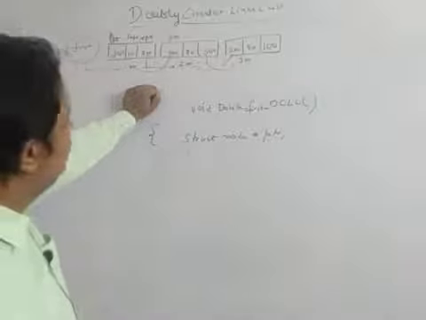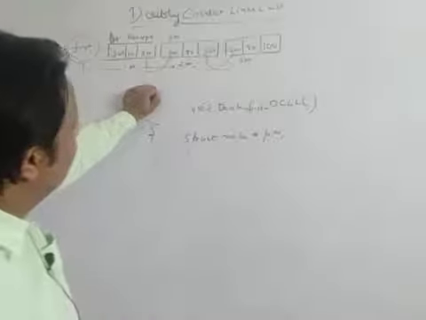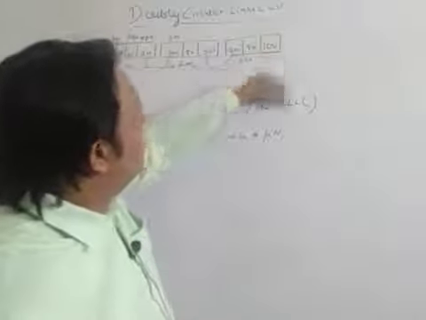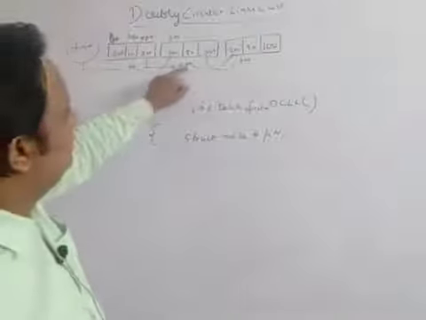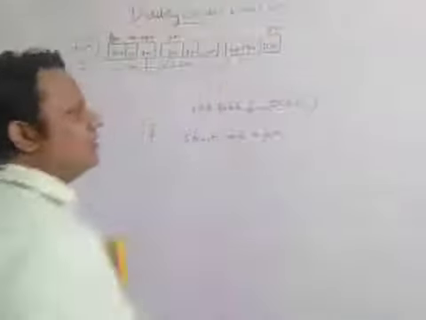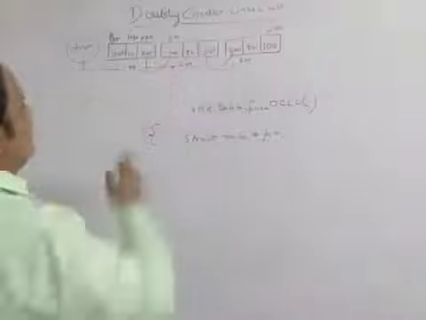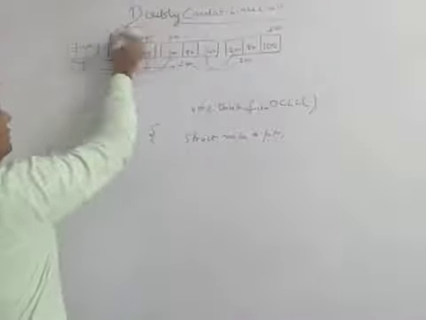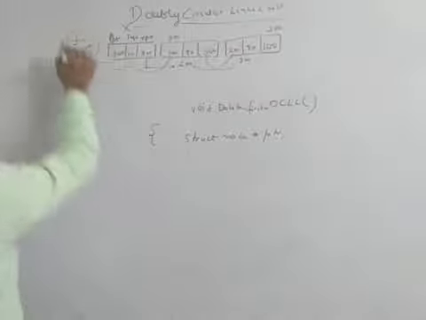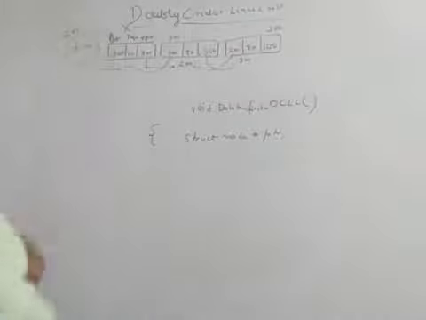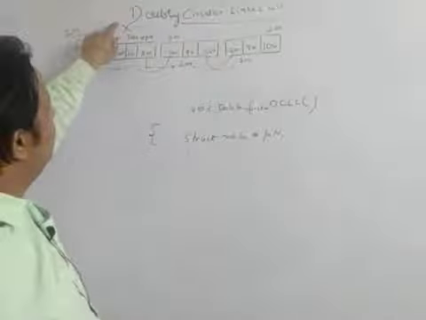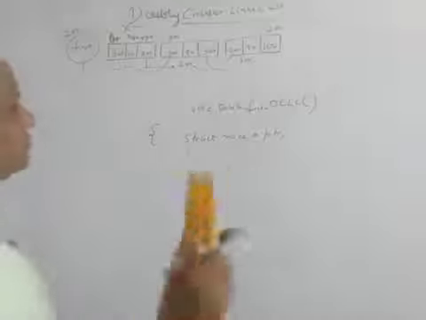Then another change I will require is that if this becomes my first node, then the RPT of the last node should contain the address of this node. So I want 200 here. Got it, guys? So two changes. Then I'm going to delete this. Three changes. And the first pointer should point to the address of the new first node. So I want 200 this. So one change, two changes, three address modifications, and deleting this from the memory. So four changes are required.